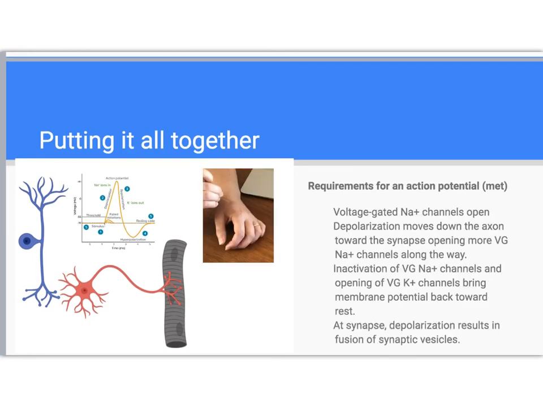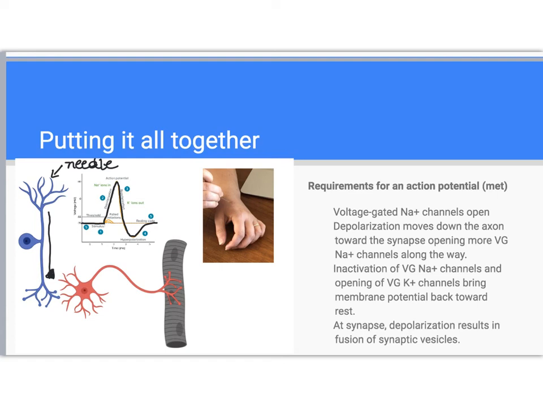This is very different in the situation where a large amount of pressure is applied through a needle. In that case, the pressure results in a large influx of sodium, which is enough to get the voltage-gated sodium channels past threshold. They all open at that moment, further depolarizing the cell, initiating an action potential, which will then, as it propagates, lead to subsequent opening of voltage-gated sodium channels throughout the axon towards the synapse.